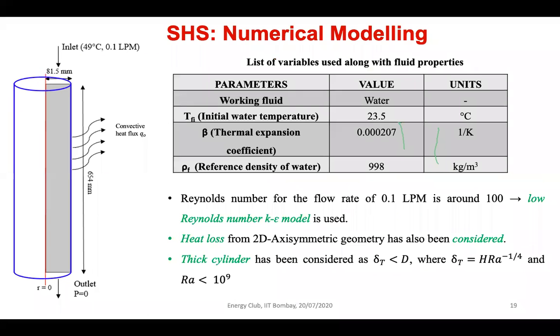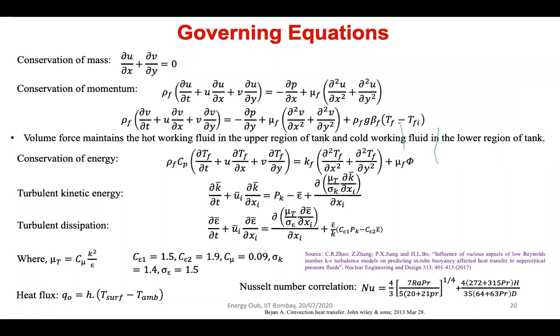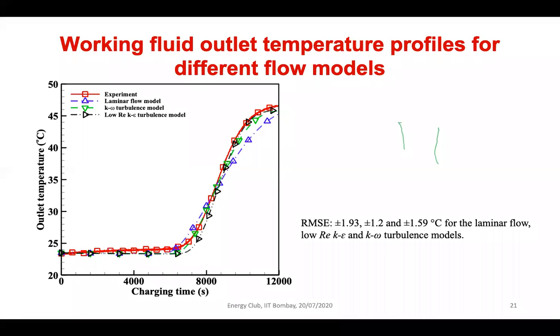So I will just show you a little bit of modeling. Consider a cylinder, which we can model using an axisymmetric domain, and we apply the heat loss from the boundary, with an inlet and outlet. We solve simple equations like mass, momentum, and energy equations along with a turbulence model, and when we compare with experiments, we see that our model can predict this performance very well.